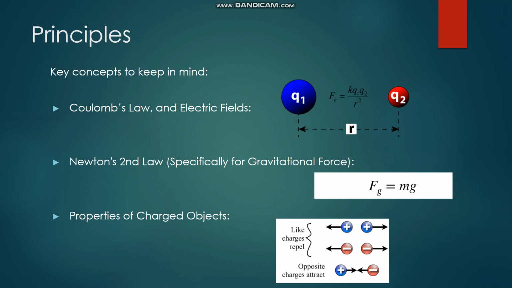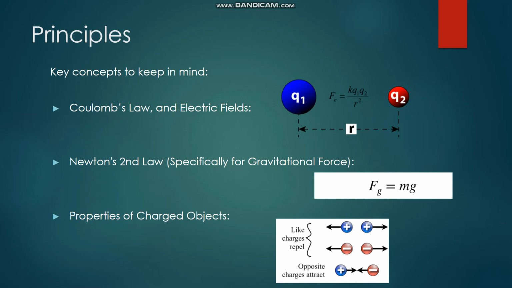Some principles that we had to keep in mind while doing this lab were obviously Coulomb's law, which is super important because we need to know the electric force responsible behind the movements that we're seeing with these interactions, right? And then Newton's second law, specifically for gravitational force, was also super important because, you'll see in the second experiment, we had to set this equal to that electric force.